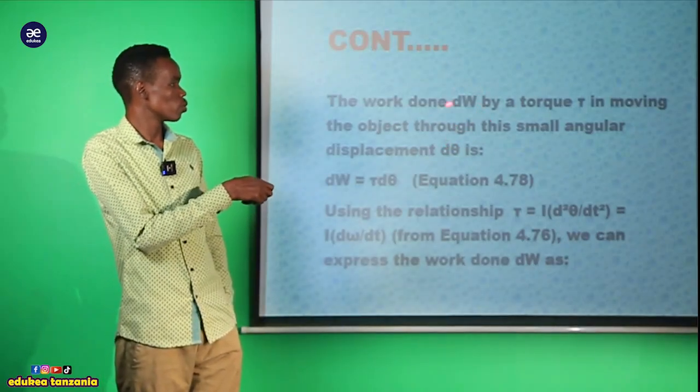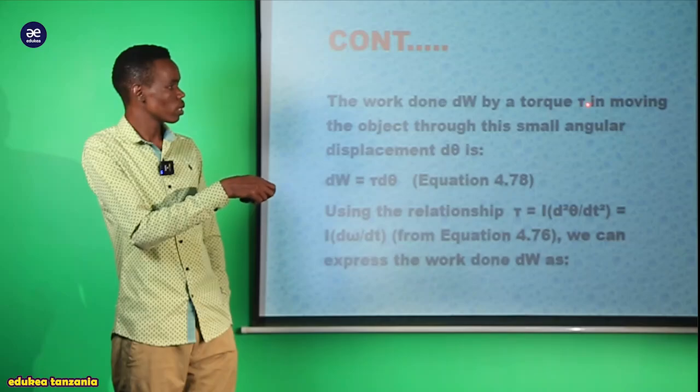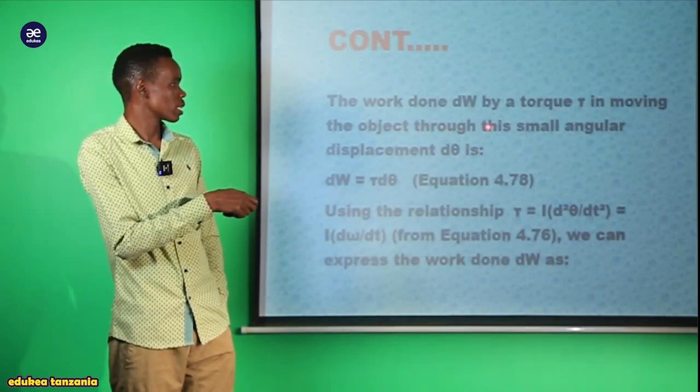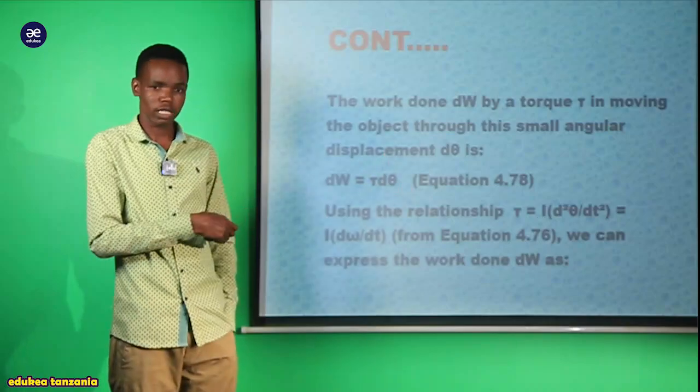Kwa huyu dw ata represent the work done by the torque in moving the object through this small angular displacement, the theta is this one.